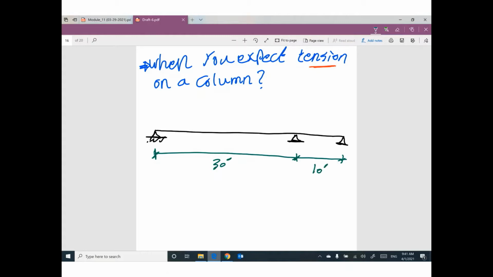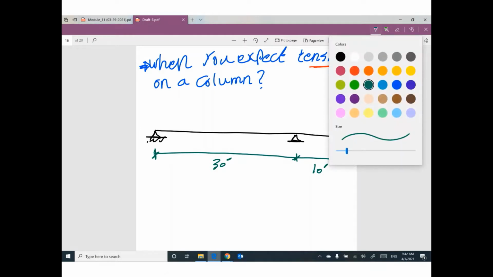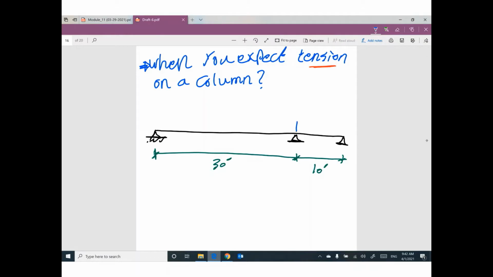For some reason also, due to the layout of the floor, this long span has a huge amount of dead load and live load.